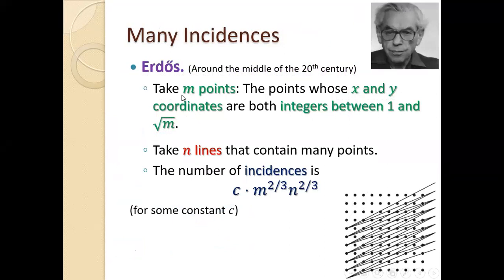Take m points such that these are all the points such that their x coordinate is an integer between 1 and square root of m, and their y coordinate is an integer between 1 and square root of m. So that gives us about m points that look something like that. It's a lattice. Do you understand what I mean here? Does it make sense? Please stop me if something is unclear. It's my job to explain, right? Okay.